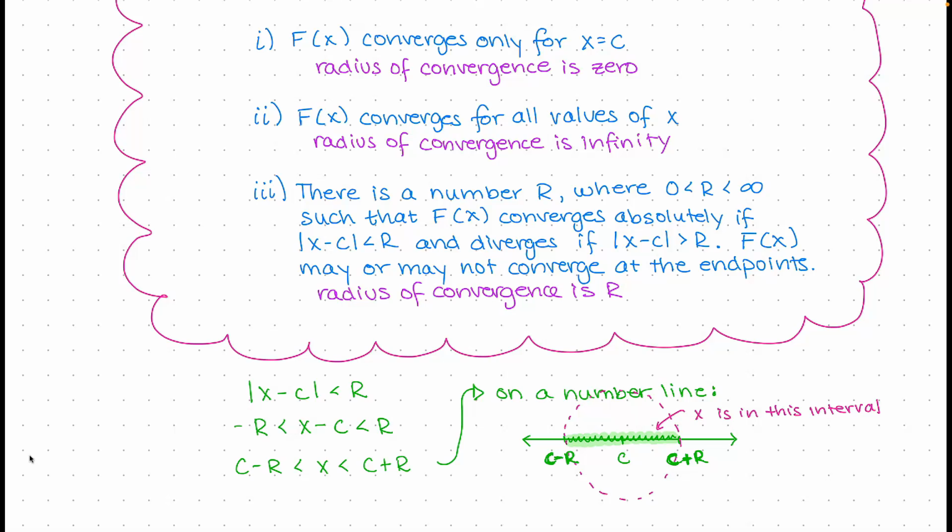And if that's true, that means I can go infinitely far to the right and infinitely far to the left. My radius of convergence is considered infinity in that case. Or maybe there's a fixed interval that it actually converges to, and we just say that the radius of convergence is r, and I'm going to show you how to find r today. So, any questions what this is saying?